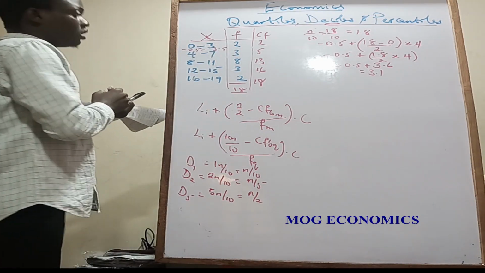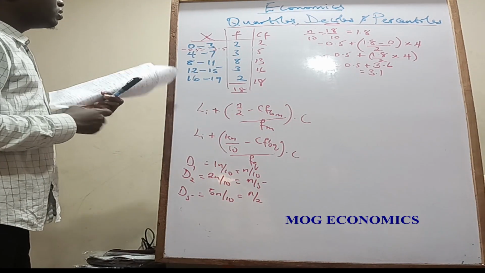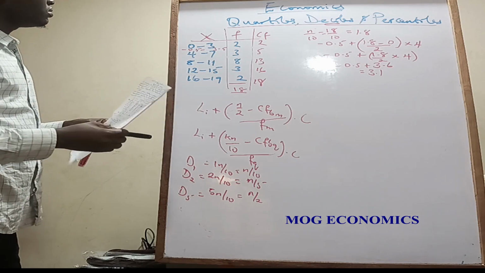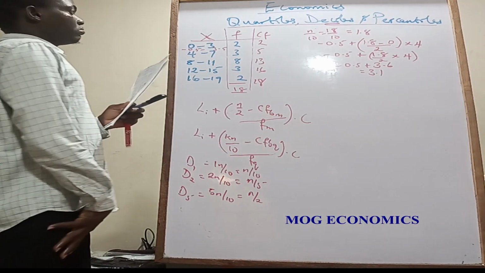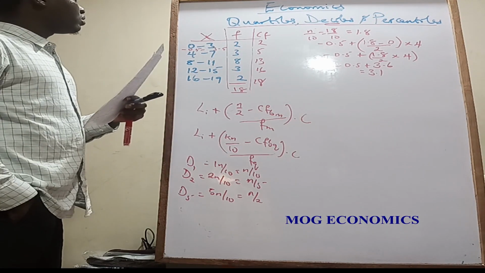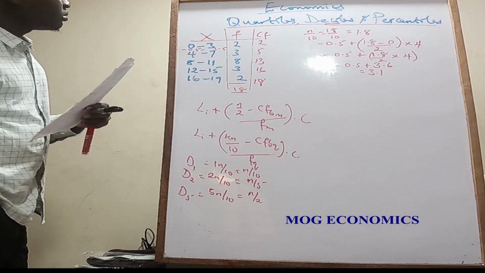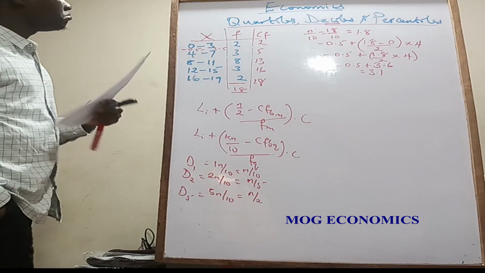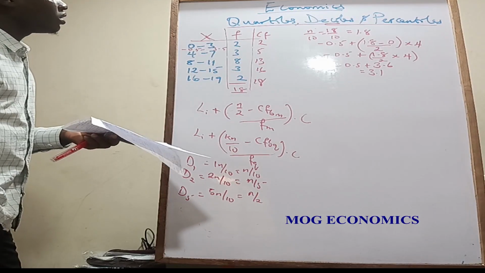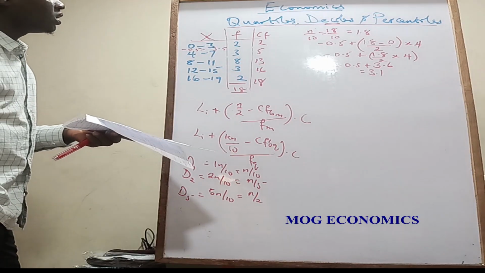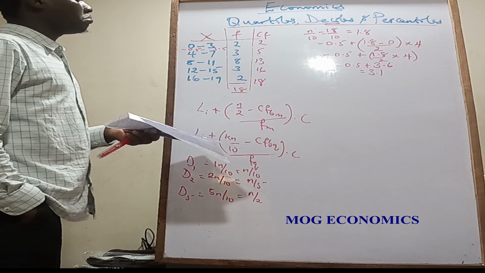Okay, let's check the solution properly. So n over 10 is 18 over 10, 1.8, minus 0.5 plus 1.8 minus 0, times 4. That is correct. 1.8 over 2 is 0.9, 0.9 times 4.